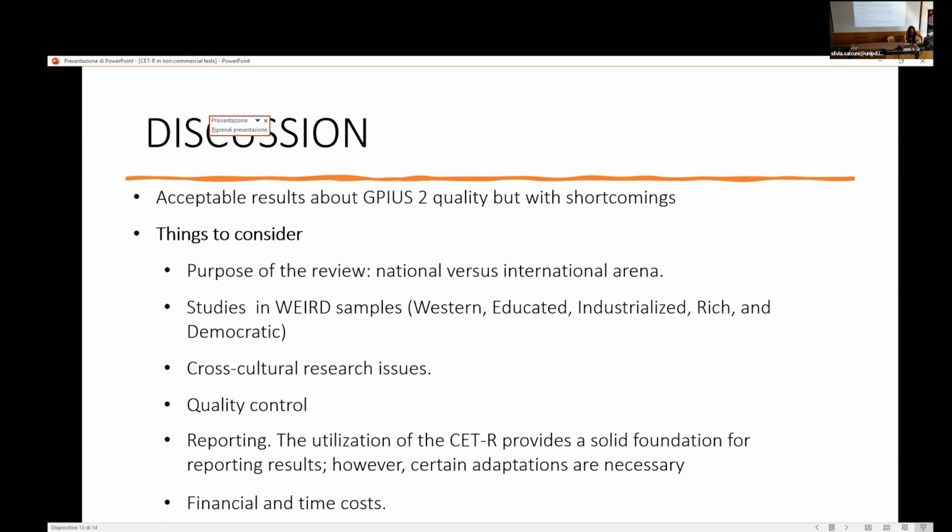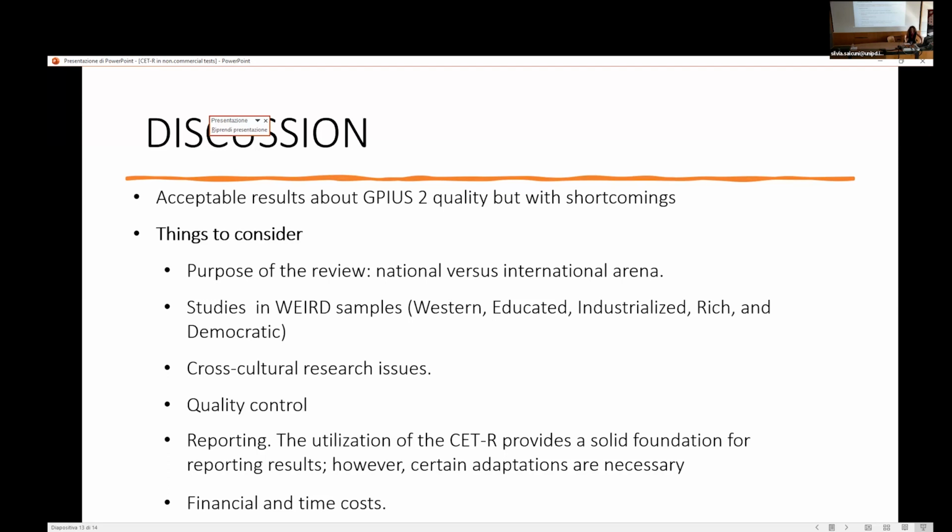Things to consider when we are applying these systematic reviews and meta-analyses according to the test review model. Well, we need to take into account that here, for example, we were considering any language, English and Spanish, but in many different countries. And of course, we are interested in the use of this test in Spain, and there were only 4 studies for that.